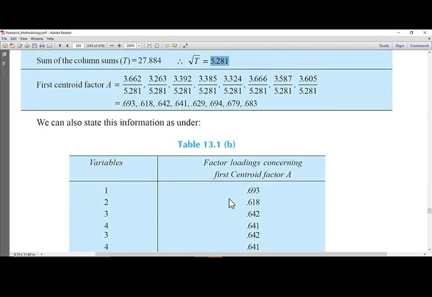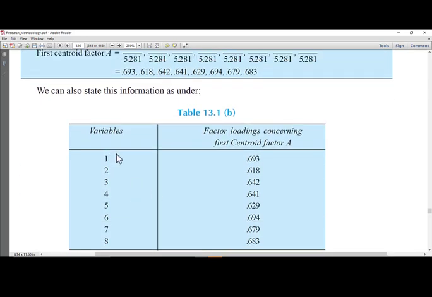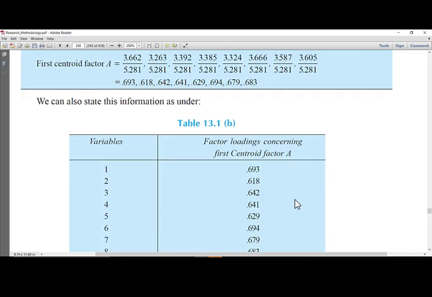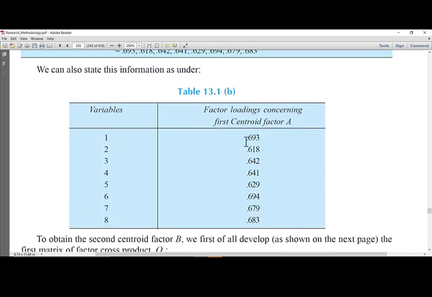Now we can also state this information as under. Here 8 variables are there, and we are calling these the factor loadings concerning the first centroid factor A. What is this factor loading? It tells us to what extent variable 1 is related to the factor A. That means to 69.3% it is related to factor A. And for the second variable, its relation to the centroid factor A is 0.618.